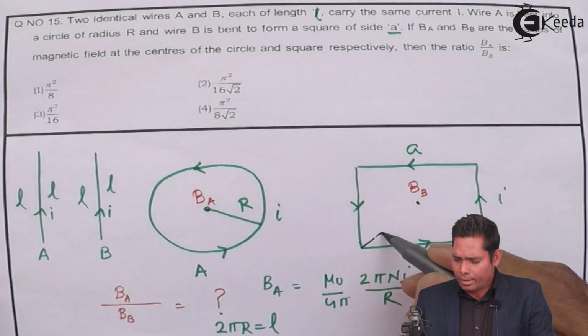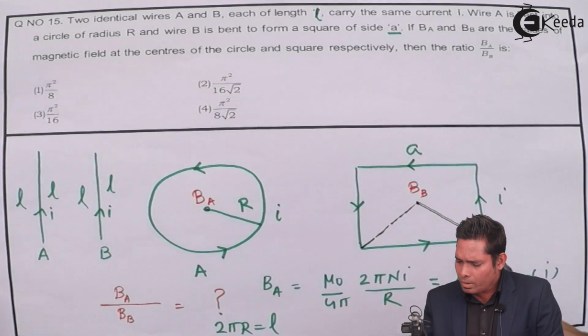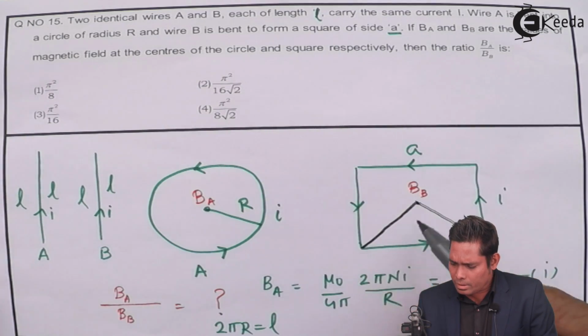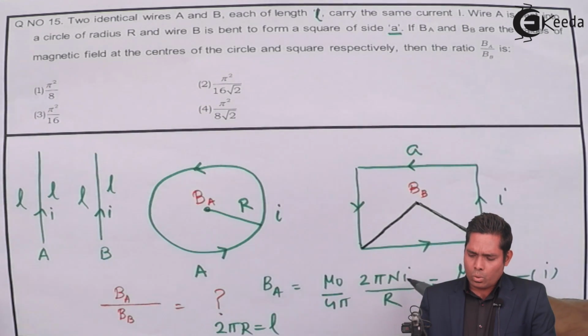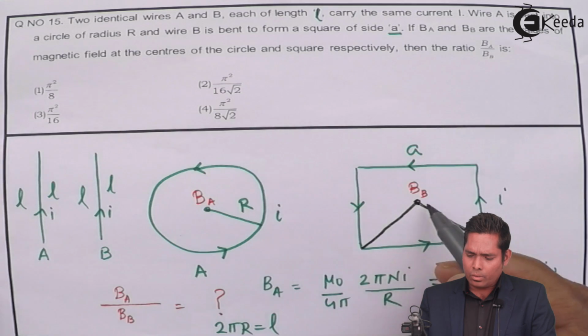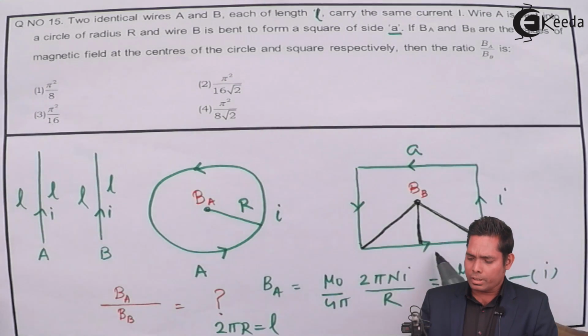If I see this, this is a square, so this point will be the center, and this distance is the perpendicular distance from this wire which carries a current I.